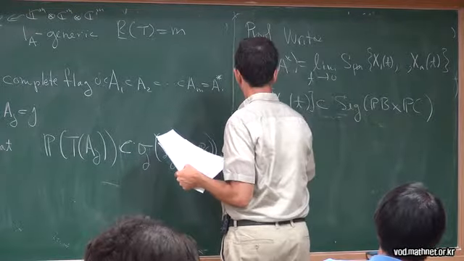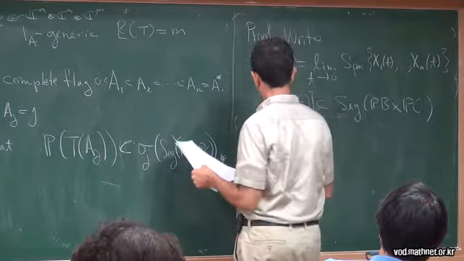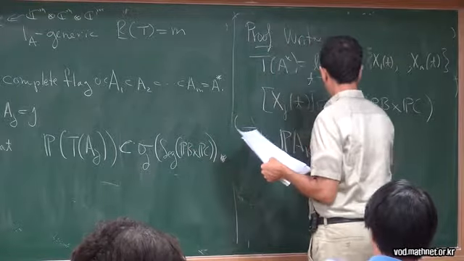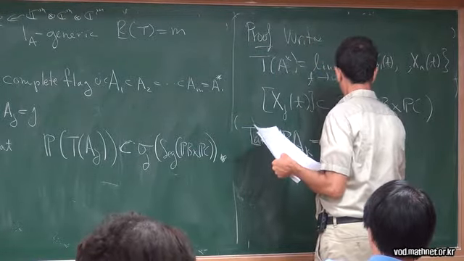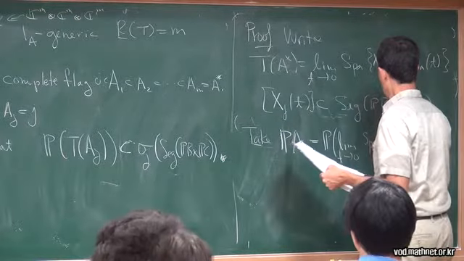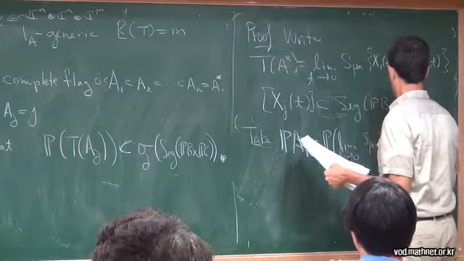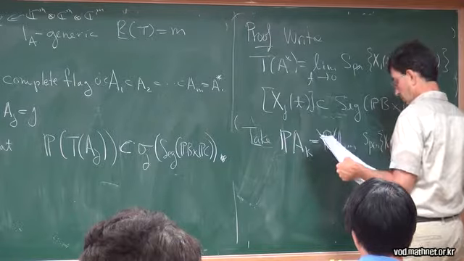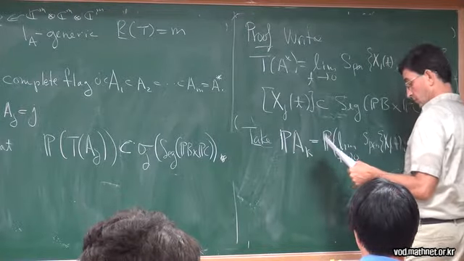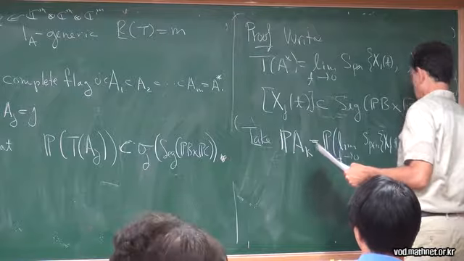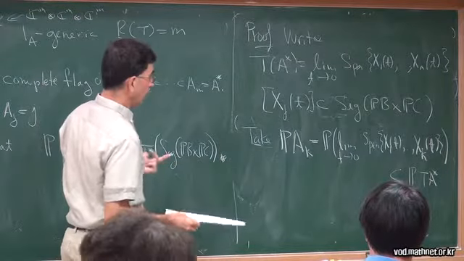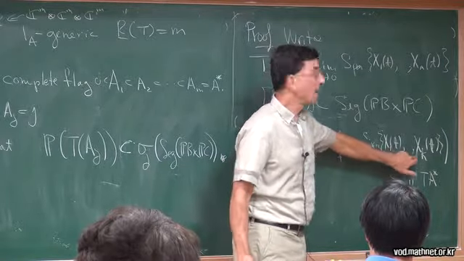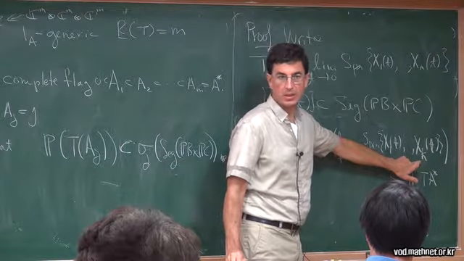So if we take P of A_k to be equal to P of the limit as t goes to 0 of the span of x_1(t) up to x_k(t), well, that's the span of k rank 1 matrices.